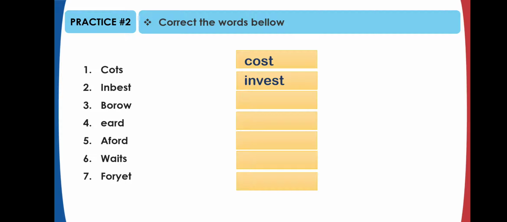What about number 3? The correct one is borrow. Number 4, earn. Number 5, afford. Number 6, waste. And number 7 should be forget. Okay?